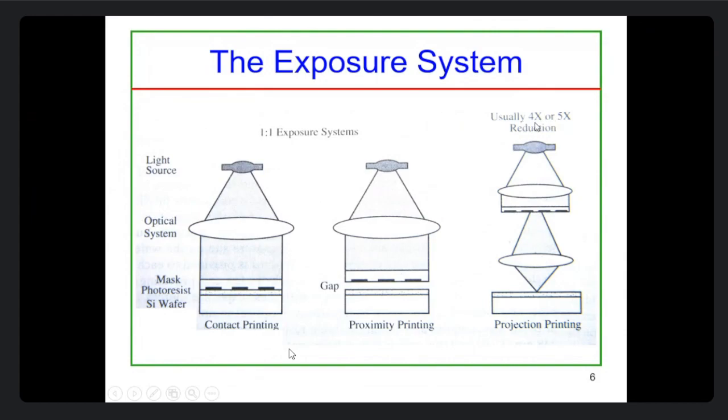It is very important to note that you are not projecting whatever is on the mask directly on the whole wafer as a whole, at a time. What you are doing is printing die by die. Whatever is on the mask is much bigger than what you are printing.